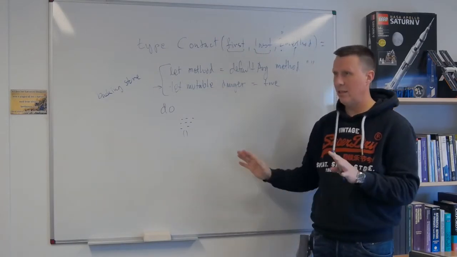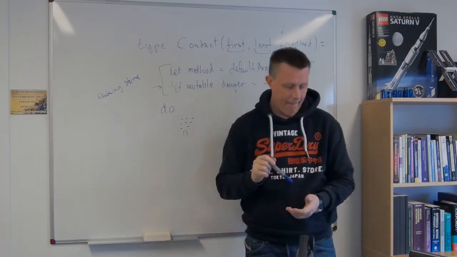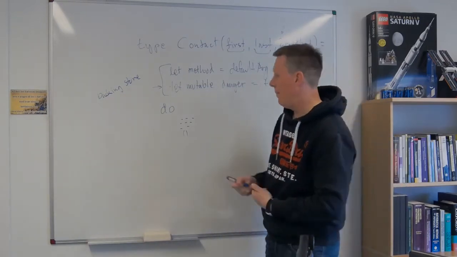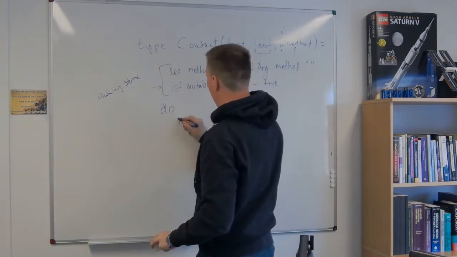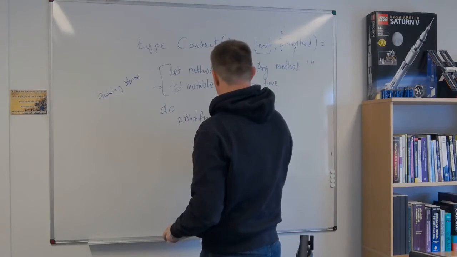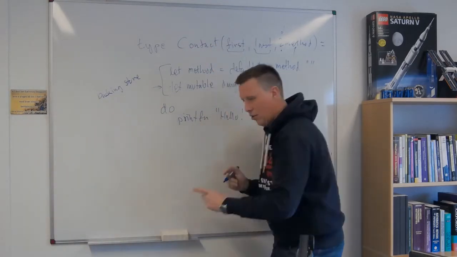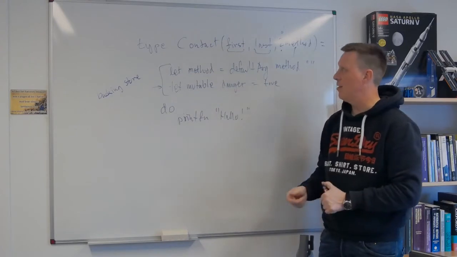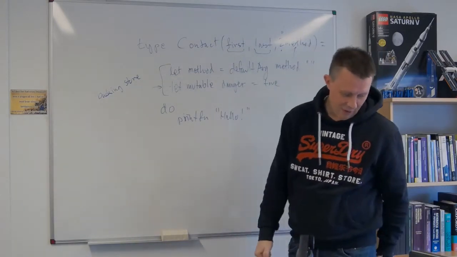It just does stuff internally to the object and then returns nothing. So one of the silly things that you can do in the do block is to say print hello. So every time you create a new contact, it will say hello, if you find that useful.